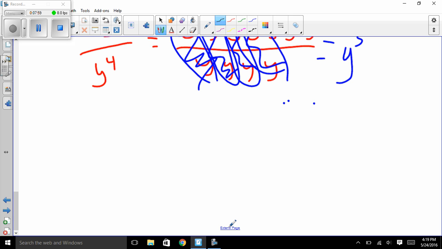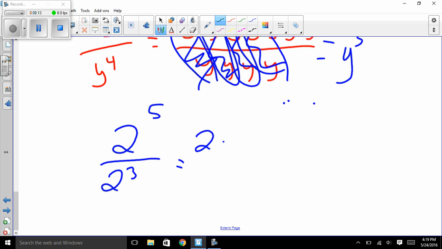Now let's try this with a numerical example. What if we had 2 to the 5th over 2 cubed? Well, again, 2 to the 5th is 5 2's. And this time I need to put those multiplication dots in there or else it looks like a really big number.